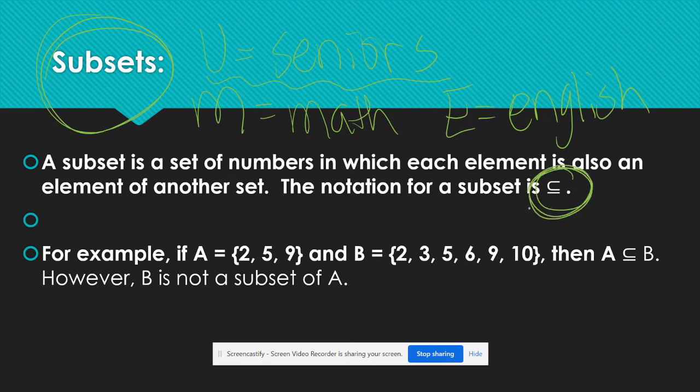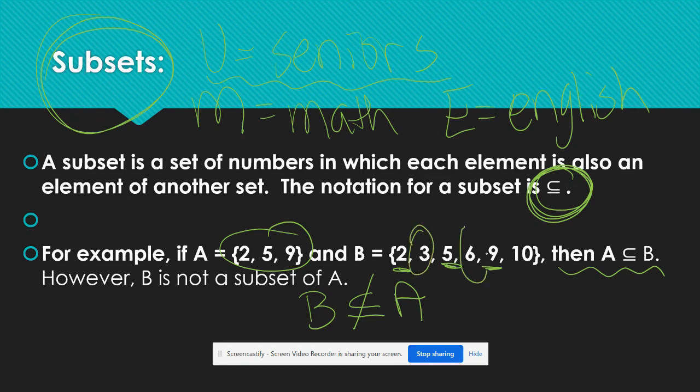The symbol for a subset is the sideways U with a line underneath it. We have set A is 2, 5, and 9, and set B is 2, 3, 5, 6, 9, 10. Then A is a subset of B because all of these are found in here. B is not a subset of A because A does not have 3, 6, or 10.